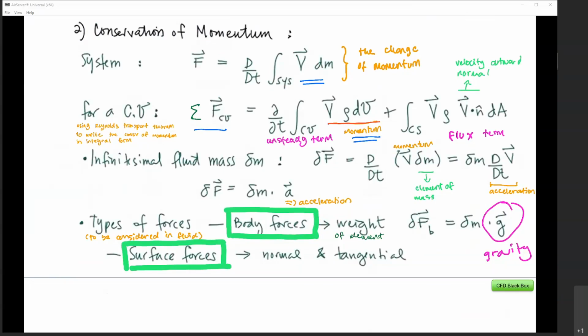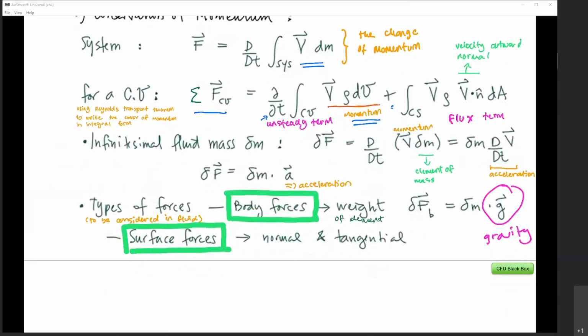Remember, whenever we have a d over dt, this is the unsteady term, and we add to it the integral over the control surface of V times the dot product of V with the outward normal n, multiplied by dA, and this is the flux term. So by looking at the infinitesimal fluid mass, we use dm, the differential mass.